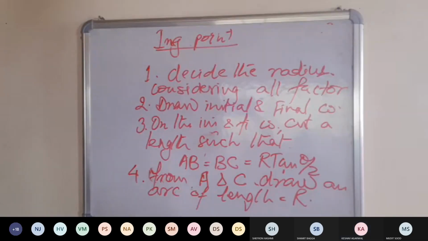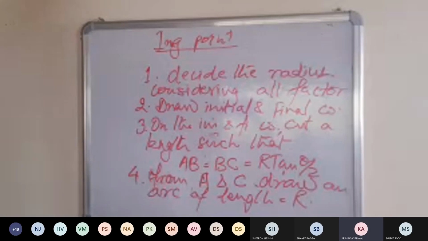On AB and BC, cut a distance of R tan θ/2 such that PB is equal to BQ is equal to R tan θ/2. You are able to imagine what we are doing? Yes, sir. Go ahead.